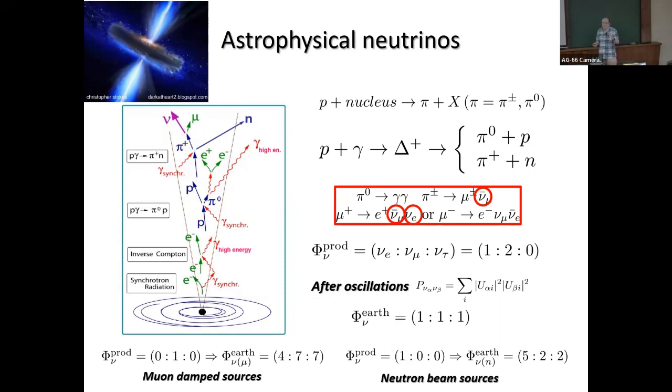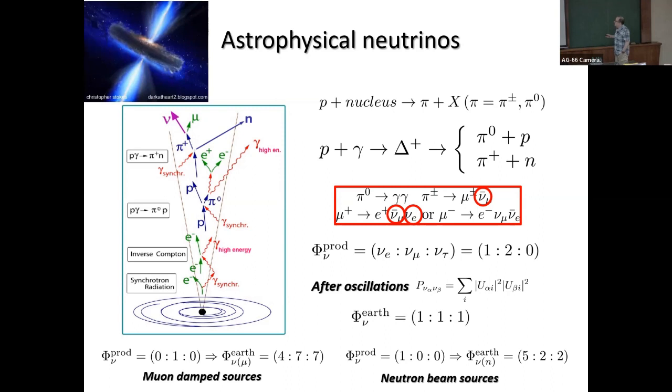Why? Because from very far distances, neutrinos travel and interact weakly, so you are going to be able to capture them if you have the capacity for doing that. Of course. One important parameter when you discuss these astrophysical neutrinos is the flavor composition, which depends on how these neutrinos are produced.